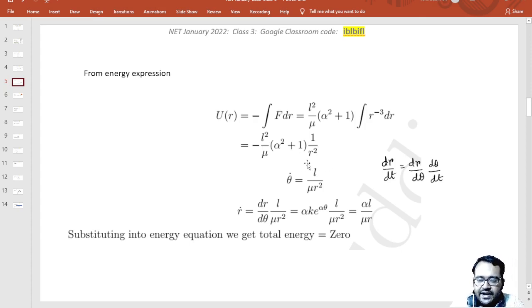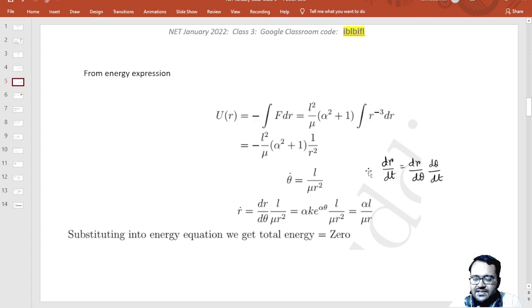So this is fine. Next, we know theta dot is L by mu r square. We rearrange this, since dr dt equals dr d theta into d theta dt. Hence you can get r dot.